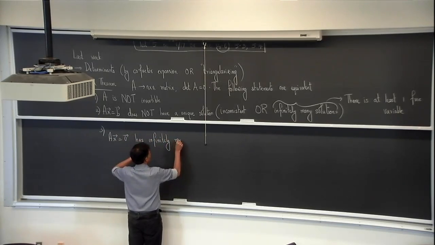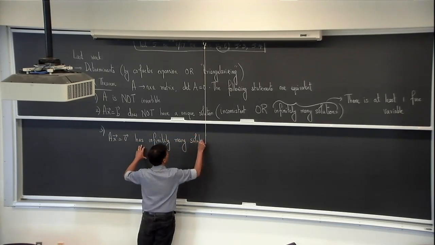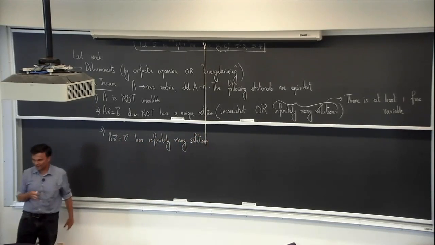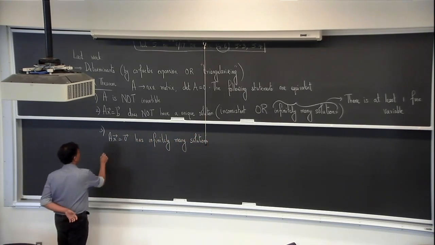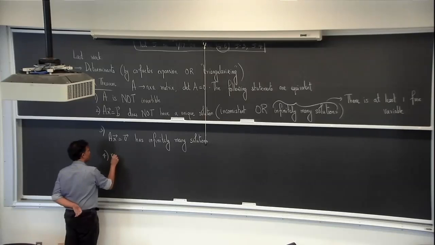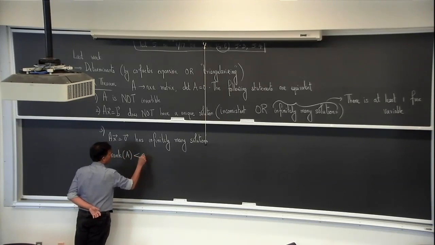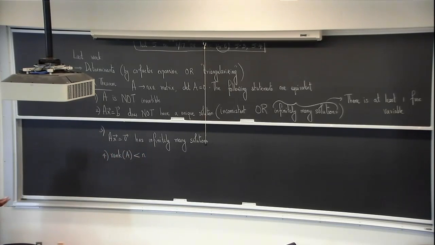Infinitely many solutions. And once again, that means there are free variables in the system. Number 4, the rank of A is less than n. Whether that is just 1 less than n or 2 less than n, we don't know.